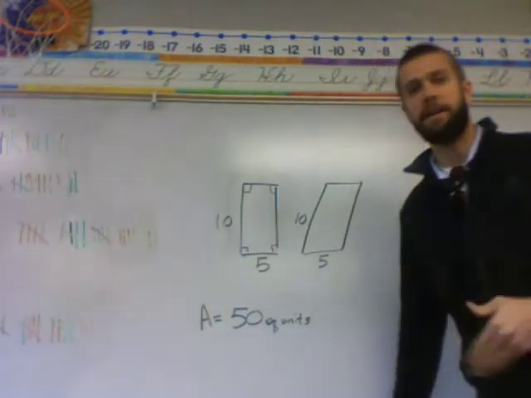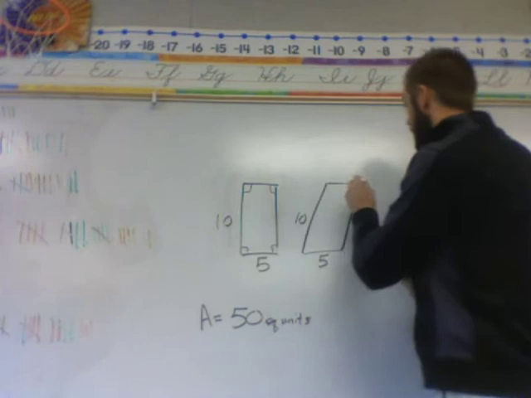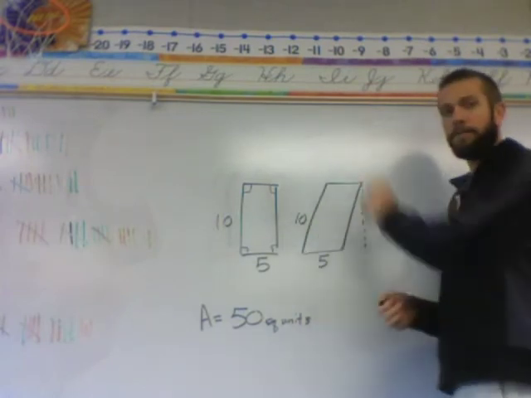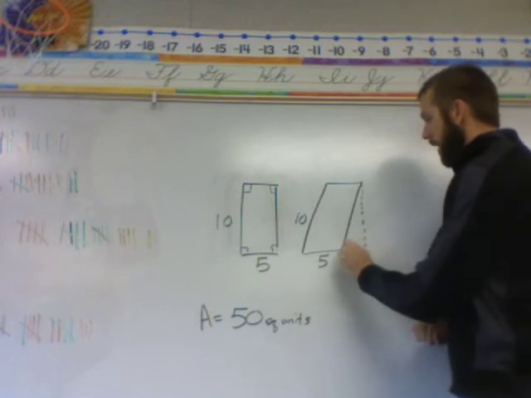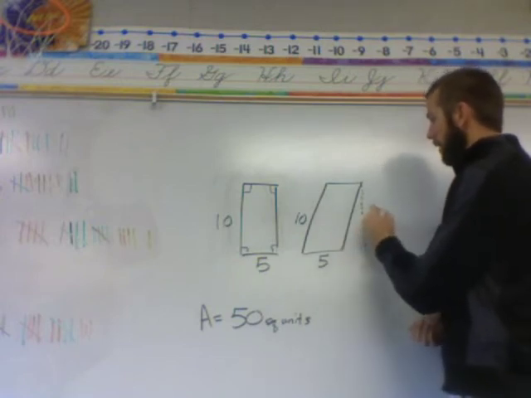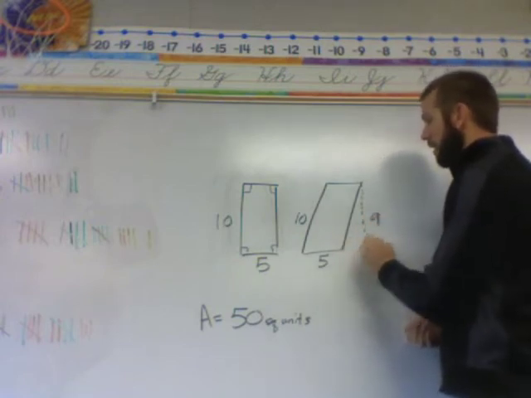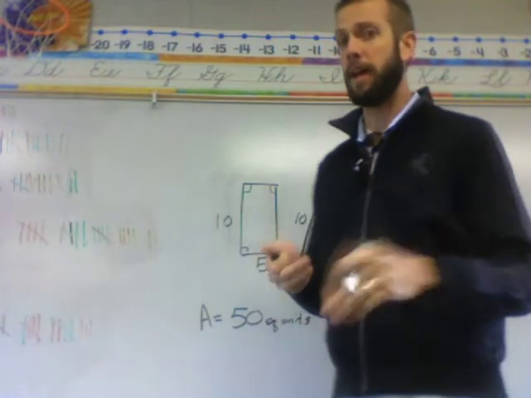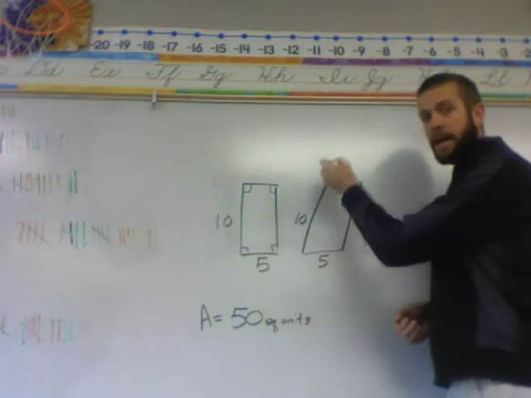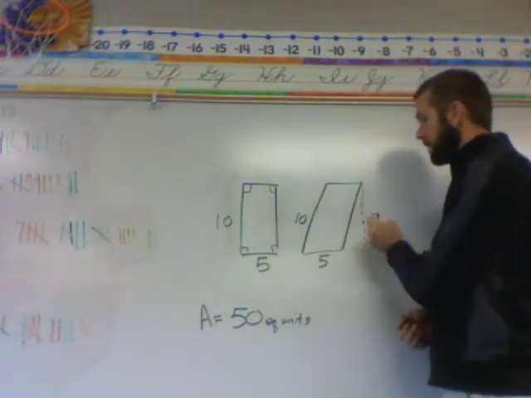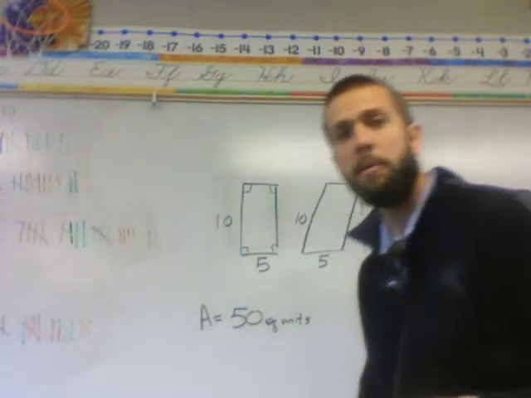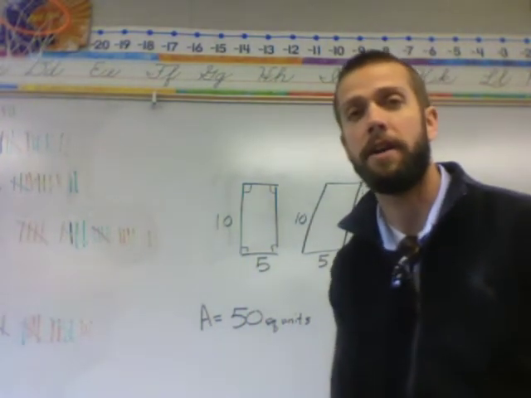This tilted rectangle is not 10 units from the ground. It's in fact maybe a little shorter. Let's say it's 9. So now the base times height formula is not 5 times 10, it's 5 times 9.